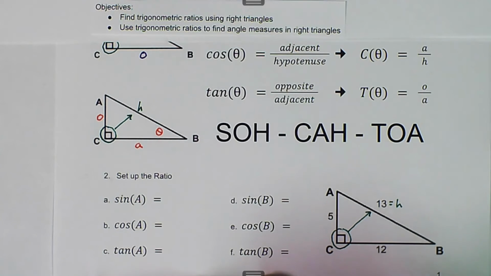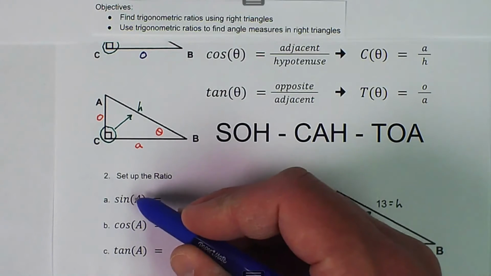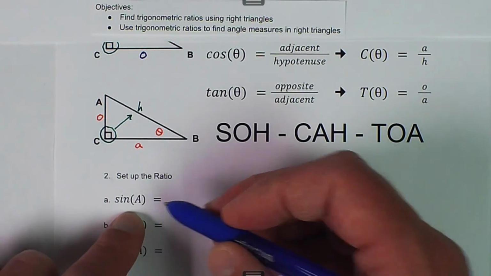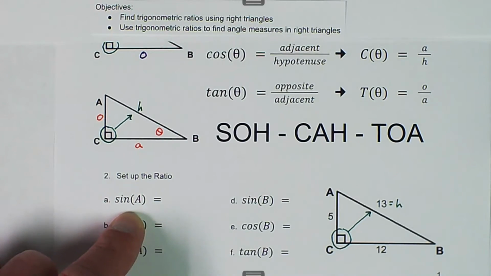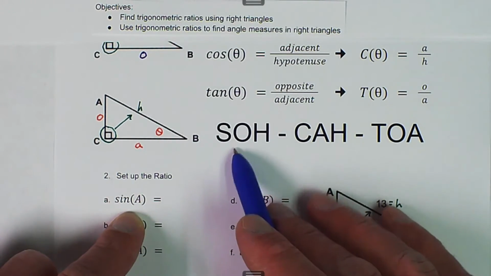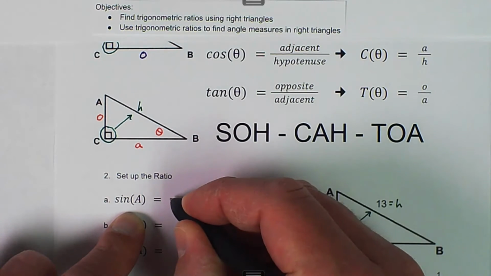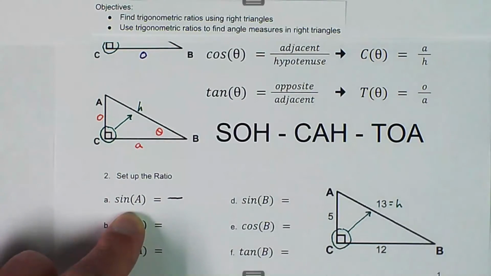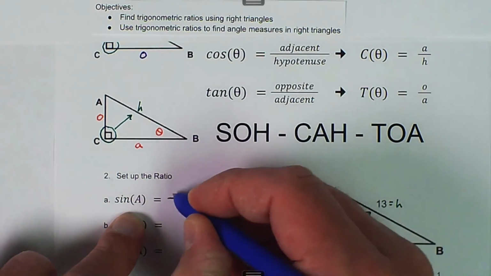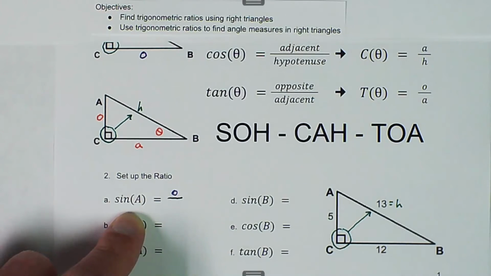So here we have the sine of A. And the sine of A is always, if we write down our fraction, opposite over hypotenuse.